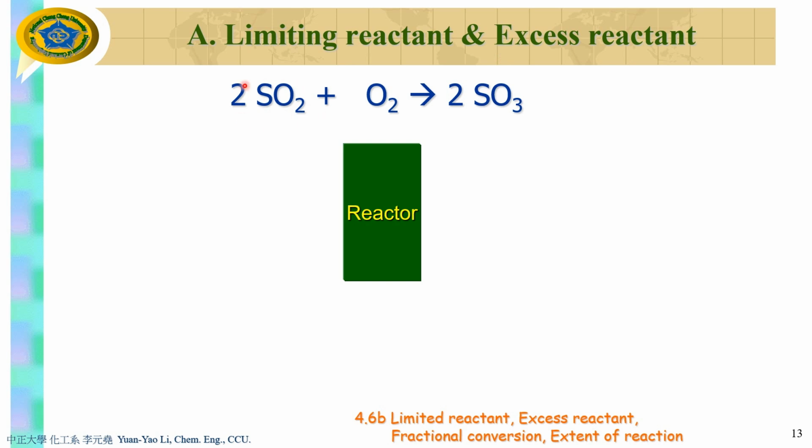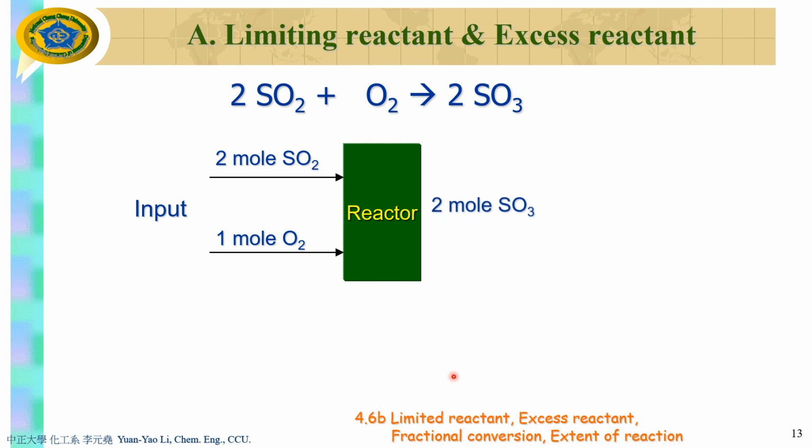Why? Because this reactant may be more expensive compared to air, right? Because air is free. So you input 2 moles of SO2 and 1 mole of O2, and you get 2 moles of SO3.